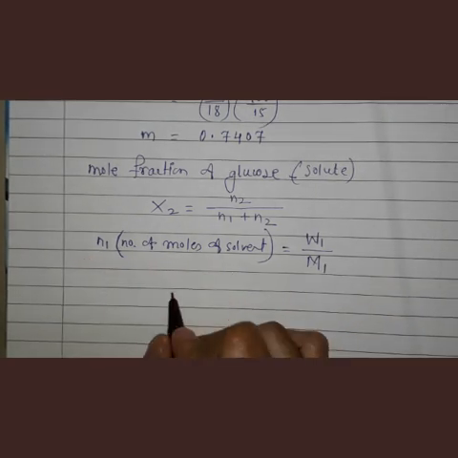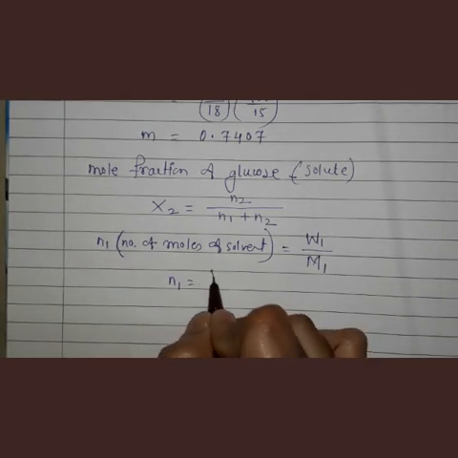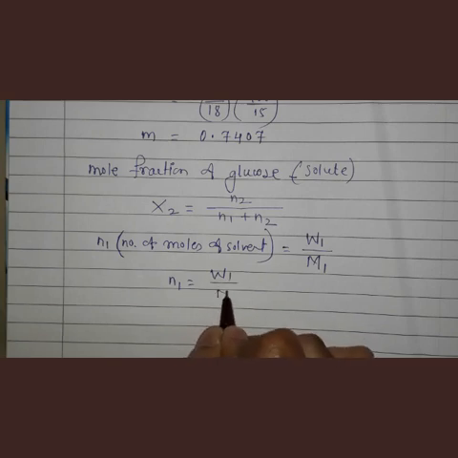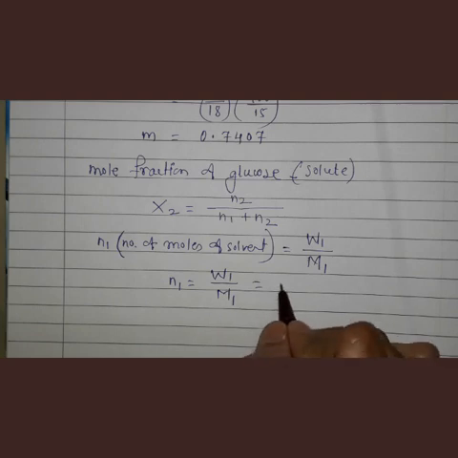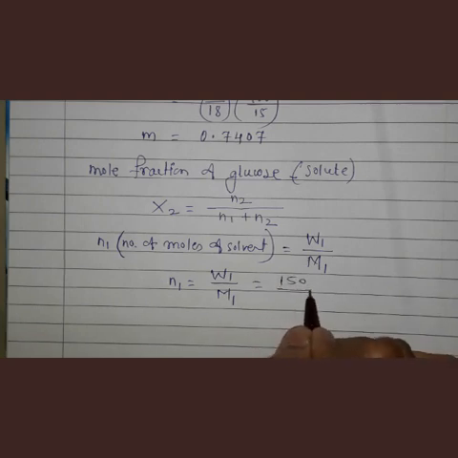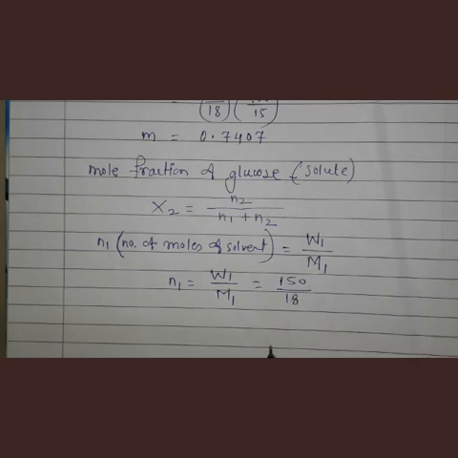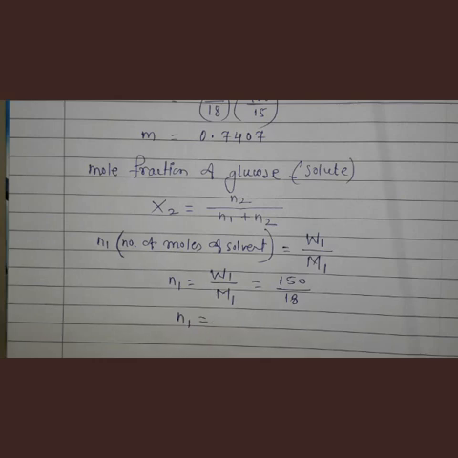We know W1 is 150 and M1 is 18. If you divide 150 by 18, you get N1, the number of moles of solvent, equal to 8.333.